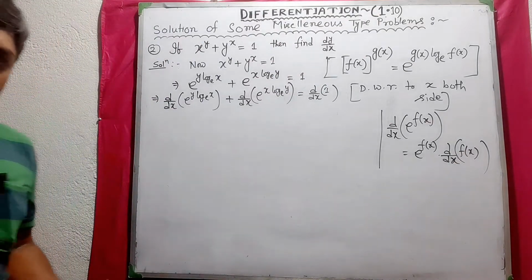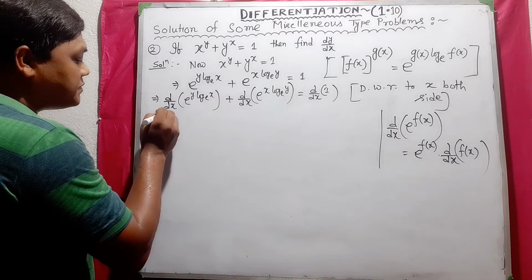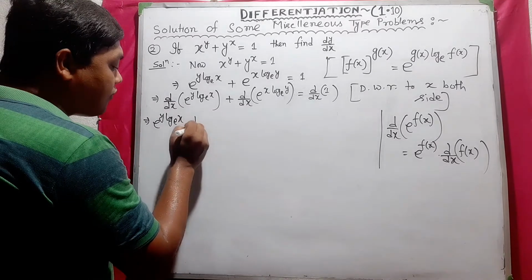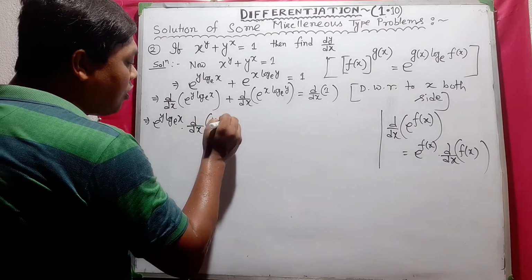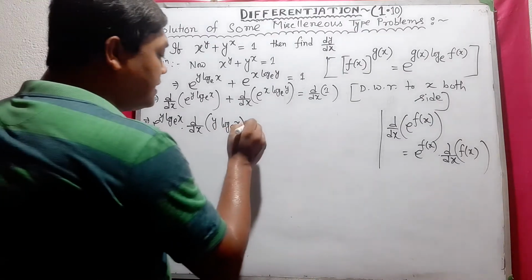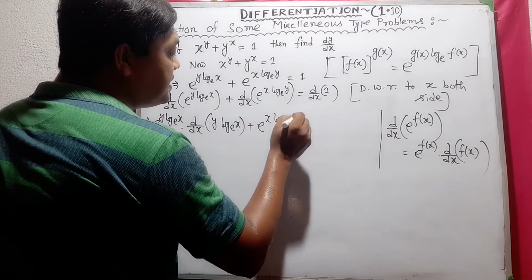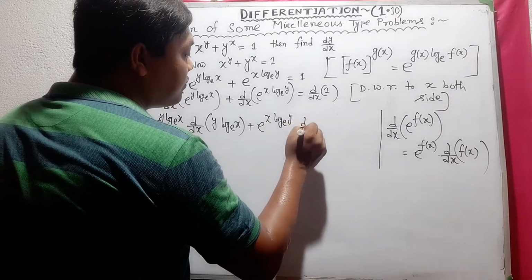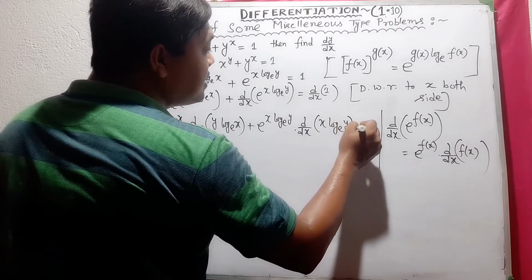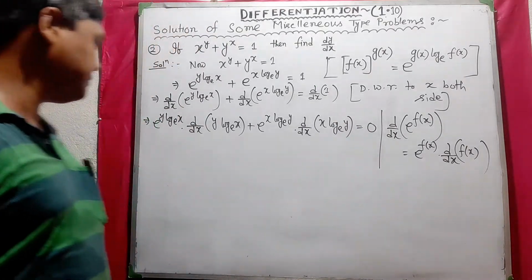That is the general formula. So d/dx of e to the power y log x gives e to the power y log x base e, d/dx of y log x base e, plus e to the power x log y base e, d/dx of x log y base e, equals 0. We know that the derivative of a constant is always 0.